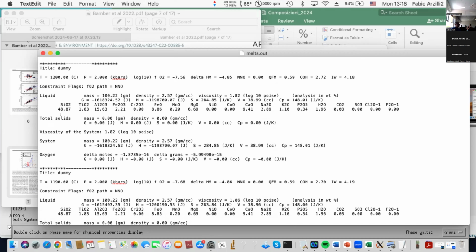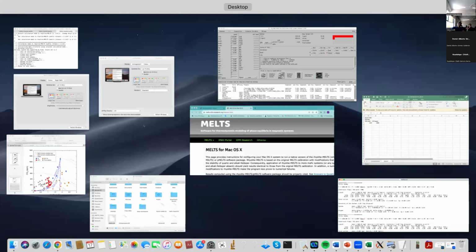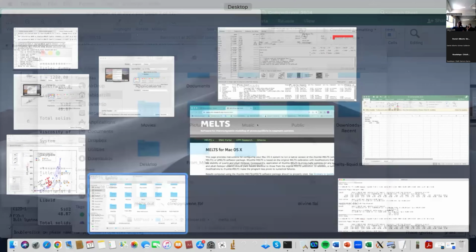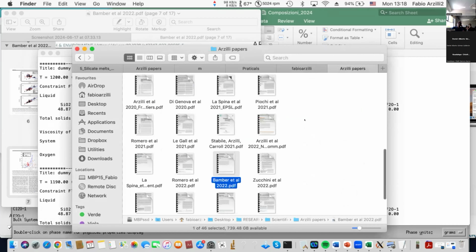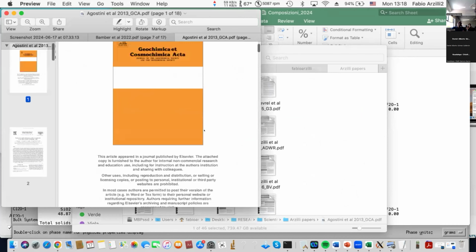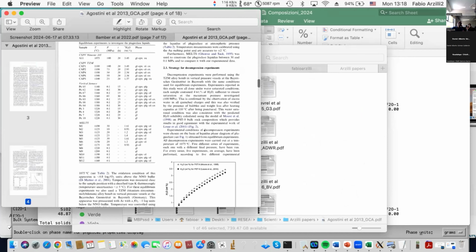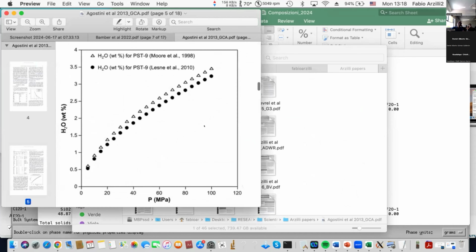The point is that at 200 megapascal, more or less, the solubility of water should be, just to make clear what the philosophy is. So if we go for this one, this is the solubility of basalts.